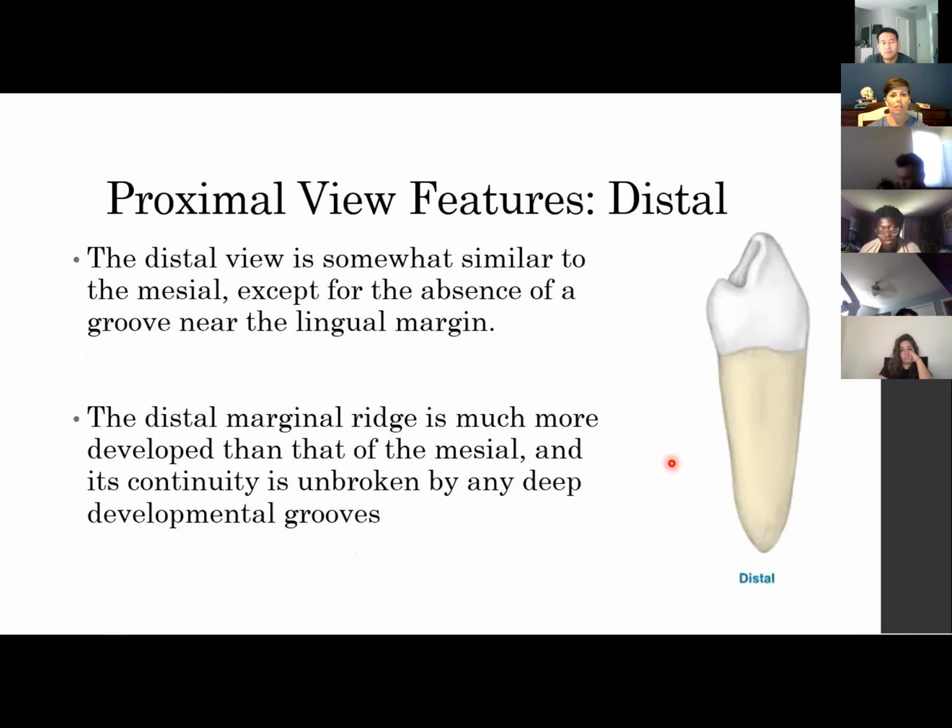All right. So when you are looking at a mandibular first premolar, holding it in your hand, and you're looking at the lingual of it, and you see the mesial groove on the right side of it, can somebody tell me what tooth it is?